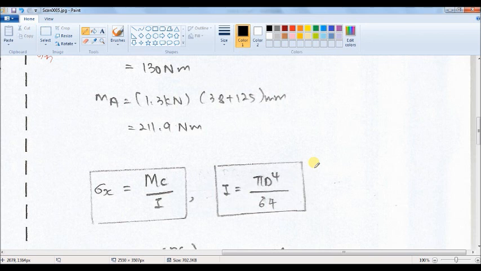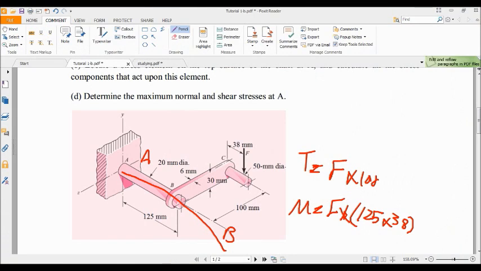Okay, if we look at the cross section, which is a circle, due to the presence of the torque, let's say that we are looking from this point of view, the torque will be clockwise.